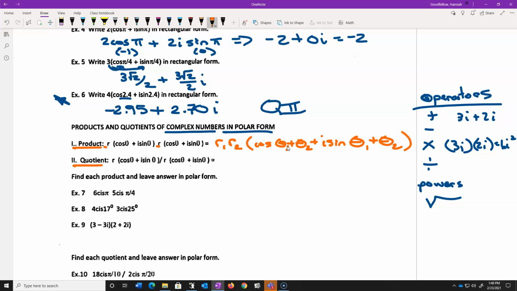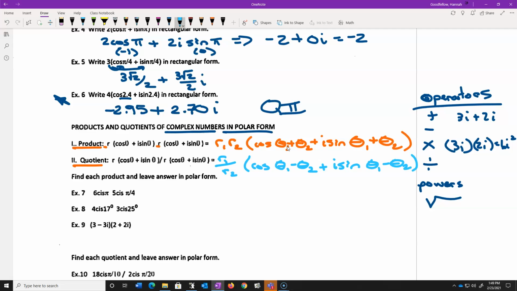Now, if that's the reference that you're going to use for products, quotients should be just as easy. You would take the two radiuses on the outside and divide them, and, yep, you're right, you would take the angles and subtract them, just like you used to do when it came to the rule of exponents in that regard.